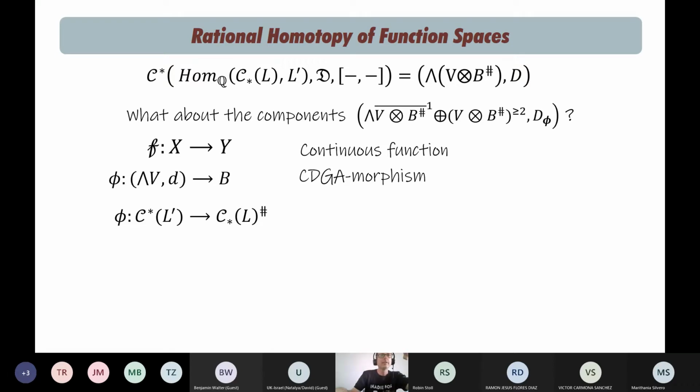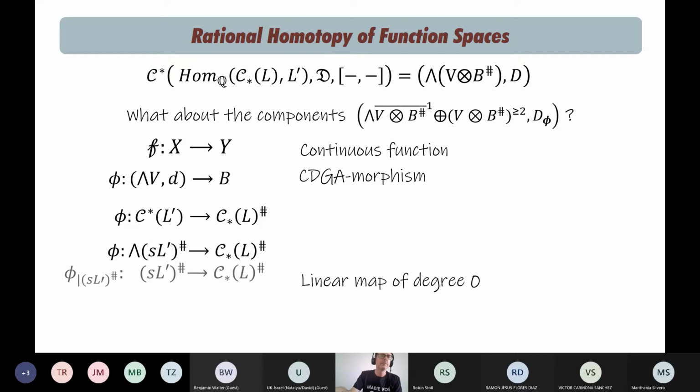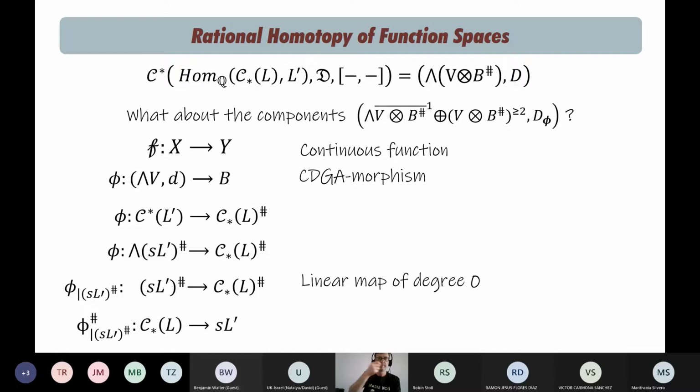So the cochain on L prime is a free algebra, and this CDA morphism is determined by the linear map on the generators. So this is a linear map of degree 0, and if we take the dual of this, then the target is the suspension of L prime. If we desuspend this, we obtain a linear map of degree -1, which lives in our graded vector space of linear maps from the Cartan-Eilenberg coalgebra on L to L prime.